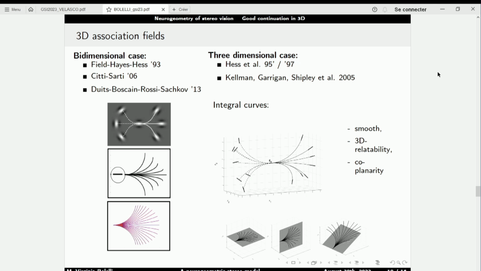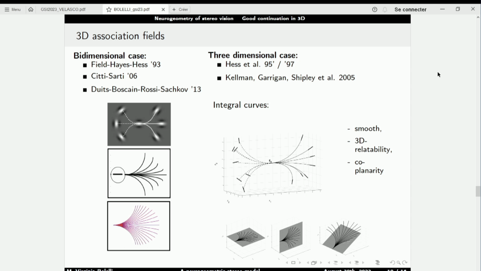This means that the strength of the correlation on coplanar planes with initial edge must satisfy the bidimensional constraints of bidimensional association fields. So we choose to model the association underlying this 3D perceptual organization using integral curves of our chosen vector fields. Since they are smooth, they connect 3D relatable edges and they locally satisfy the coplanarity constraints.